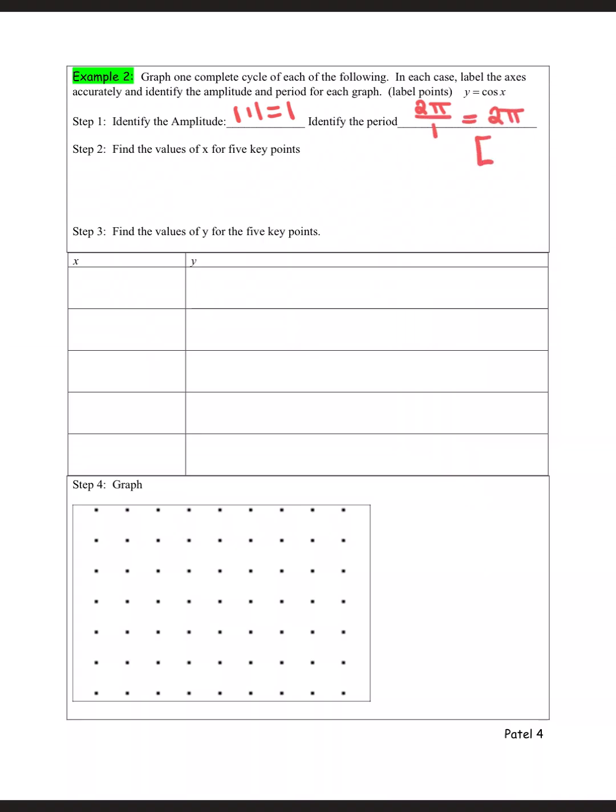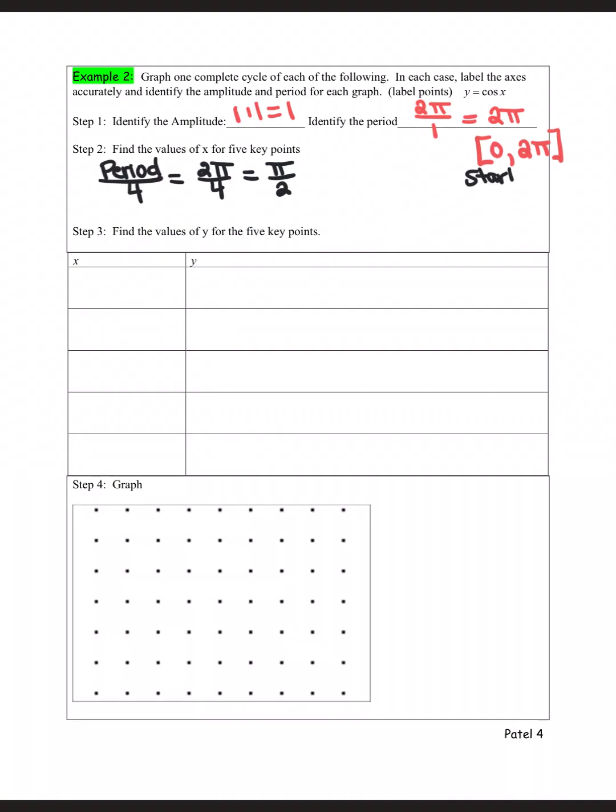Once again, this graph is going from 0 to 2 pi, that's 1 period. To find the values of the x points, we're always going to take the period and divide by 4, so that's 2 pi over 4, or pi over 2, so we're counting by pi over 2 each time, starting at 0.